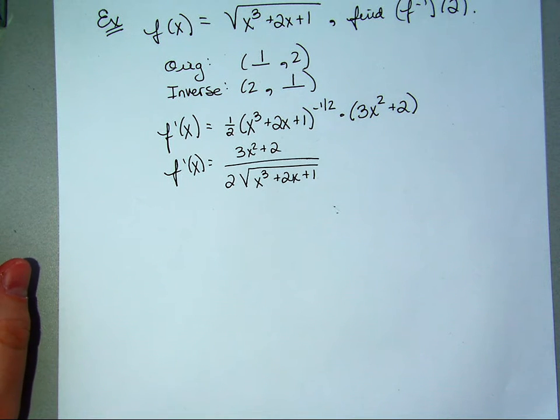Three x squared plus 2 over 2 root x cubed plus 2x plus 1 for the derivative, I believe.